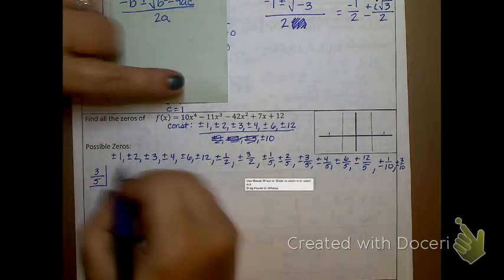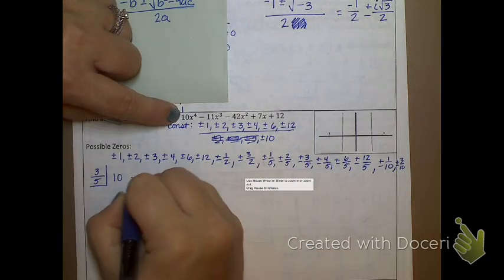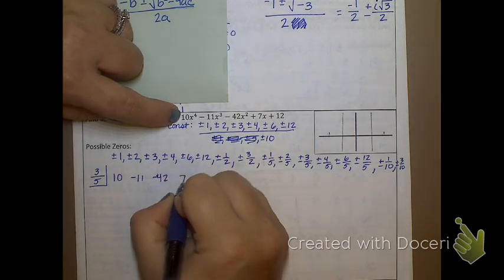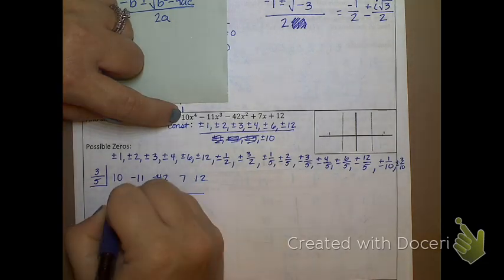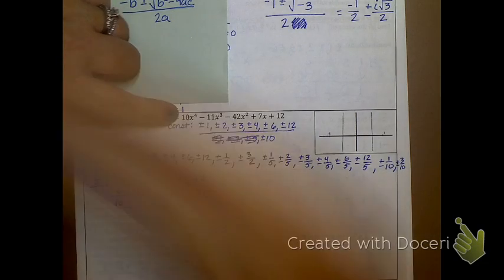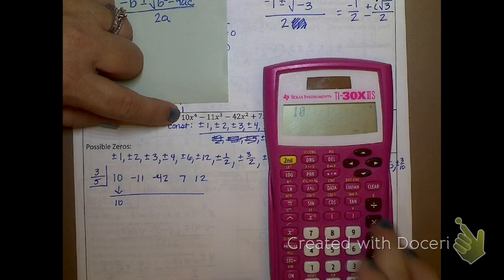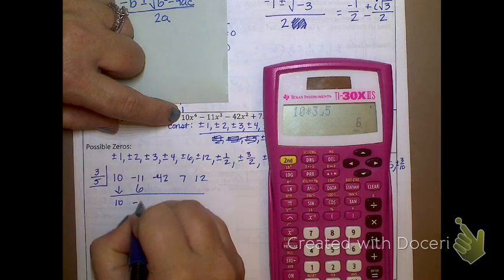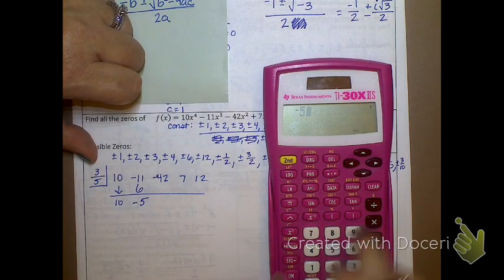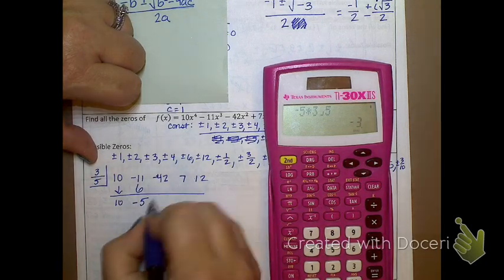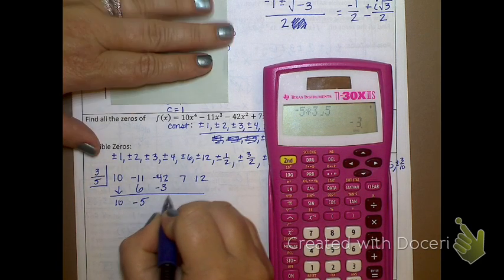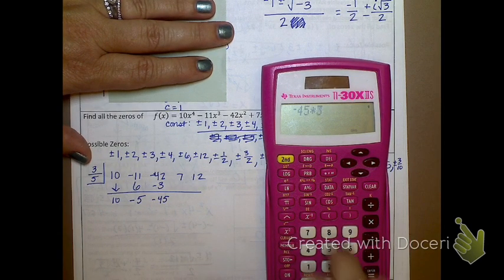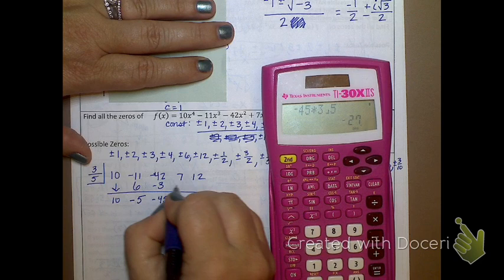All right. So 3/5, let's see, 10, -11, -42, not missing any terms so far, 7, and 12. Bring down the 10. 10 times 3/5 is 6. -11 and 6 is -5. -5 times 3/5 is -3. -42 and -3 is -45. -45 times 3/5 is -27.